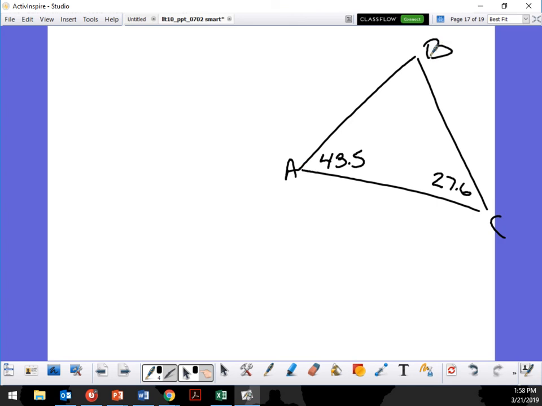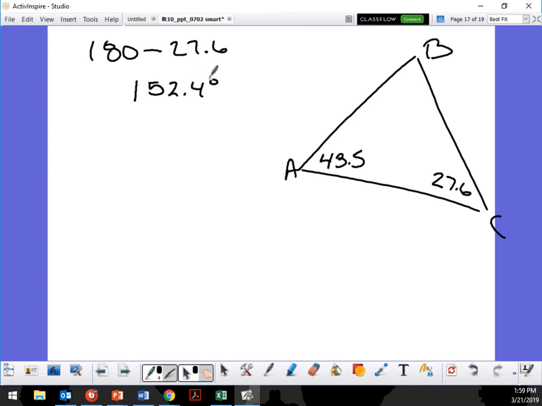All right. Now, let's try it. Remember what to do. What was the first thing you do for the second triangle? You subtract from 180. So it's 180 minus 27.6, which gives you 152.4.